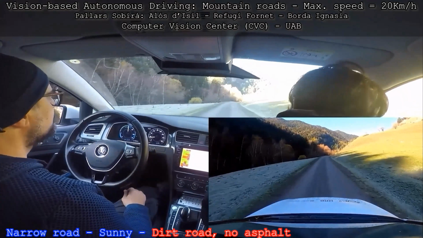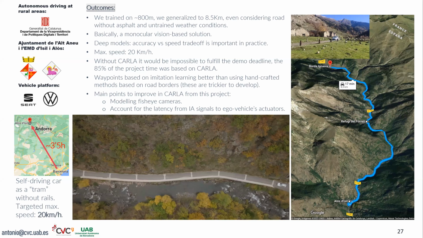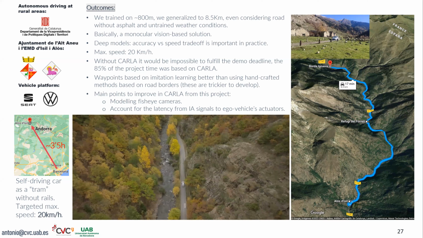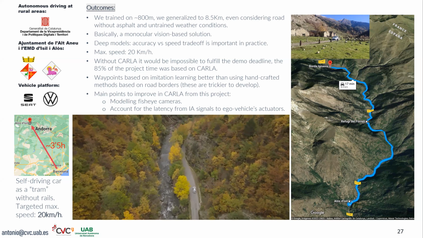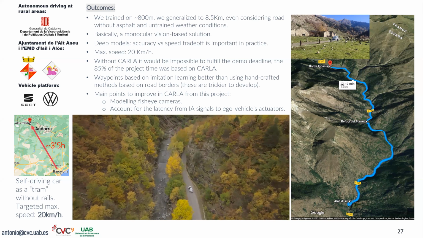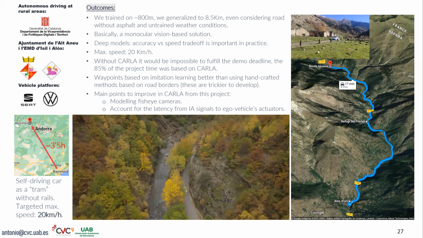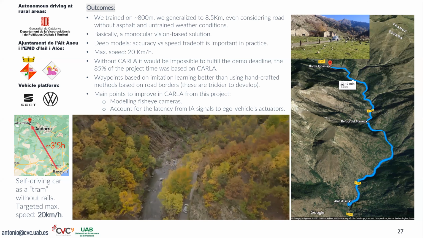Okay, this was relying on CARLA. And what lessons we learned? For instance, one thing that we have to improve in CARLA is modeling the fisheye cameras. This was not done at that time that we were doing that project, and it was a bit annoying.